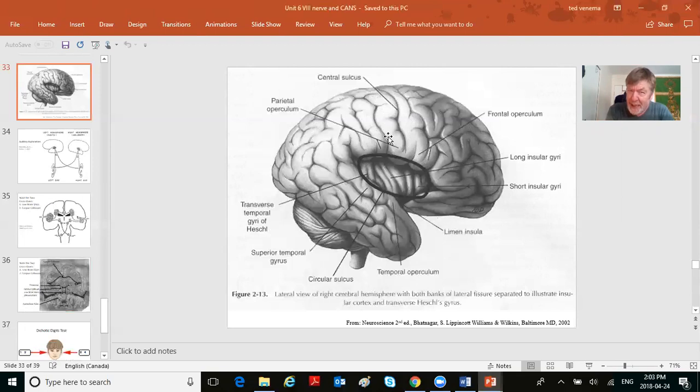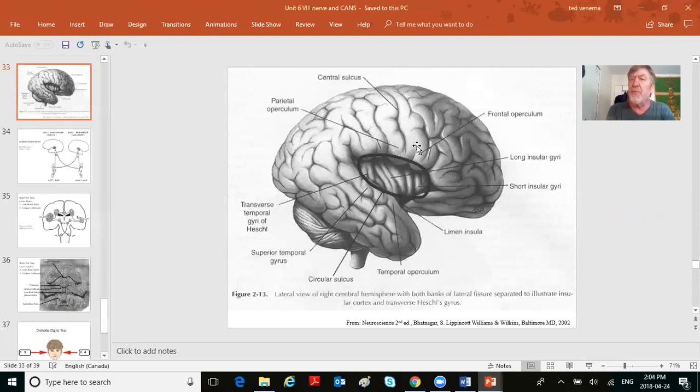And this strip right here, that's called the sensory strip, and the bottom of it gets sensations from the mouth. And the middle gets sensations from the arm. And the top gets sensations from the legs. So sensory strip, motor strip.